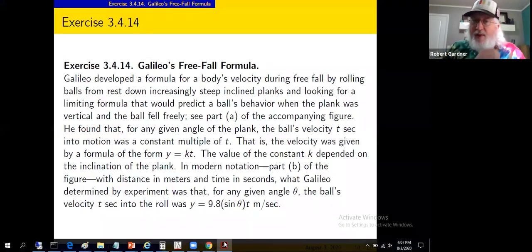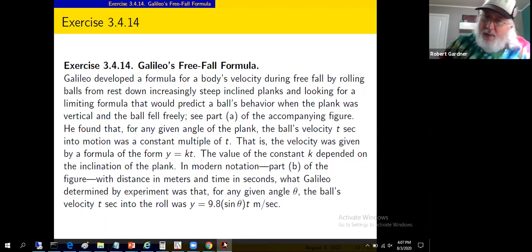And here's the story. We'll have a picture on the next slide. It says, Galileo developed a formula for a body's velocity during free fall by rolling balls from rest down increasingly steep inclined planks and looking for a limiting formula that would predict a ball's behavior when the plank was vertical, and so the ball was falling freely.